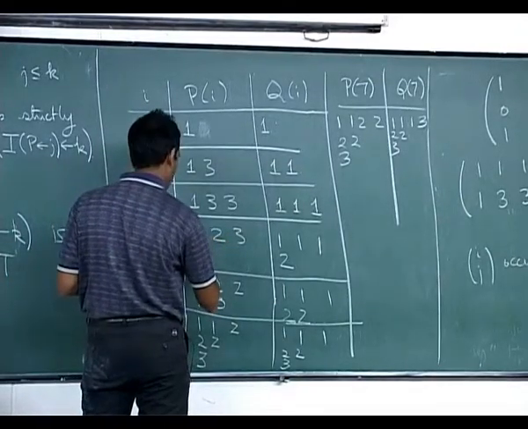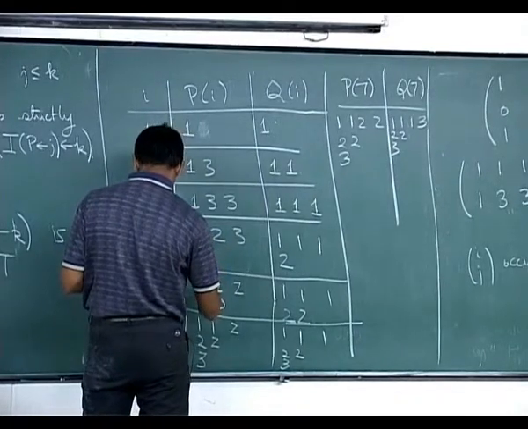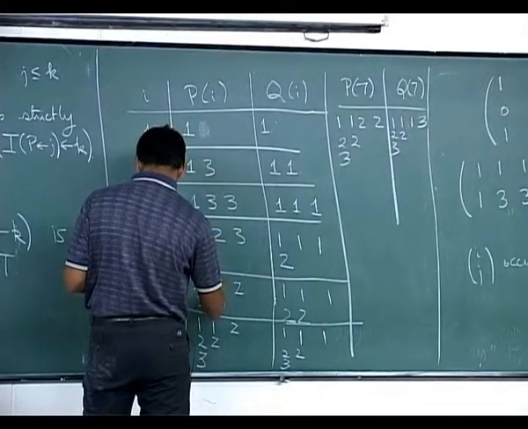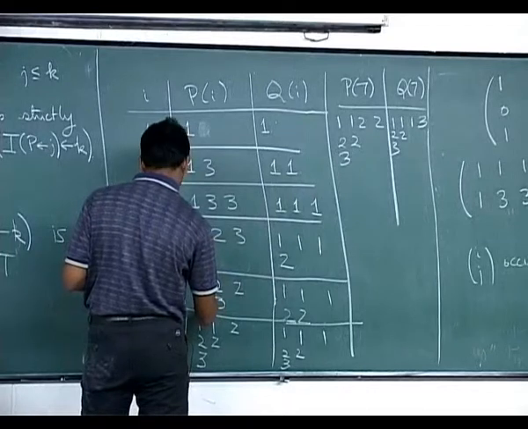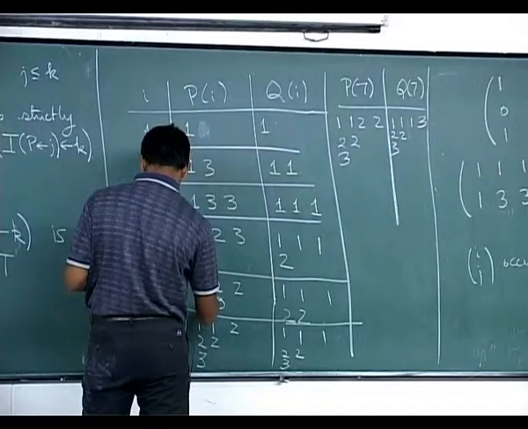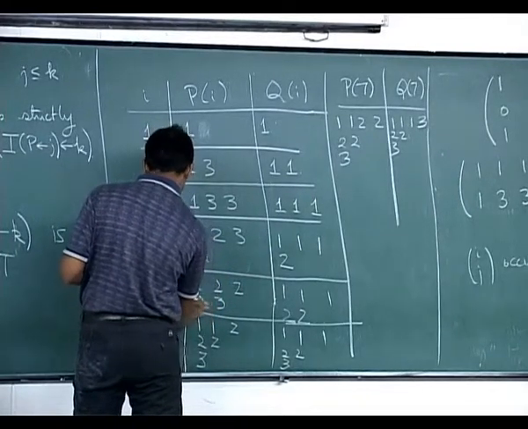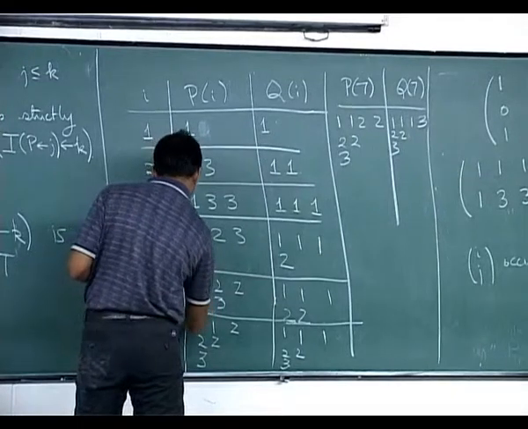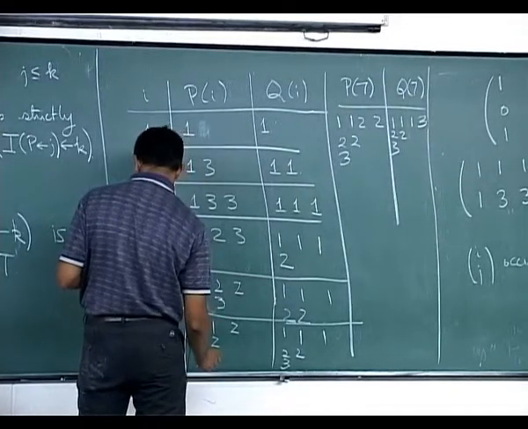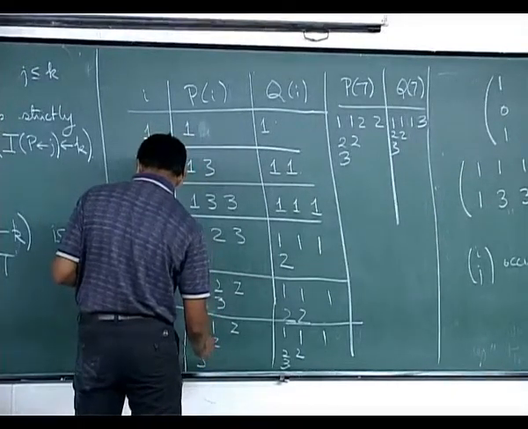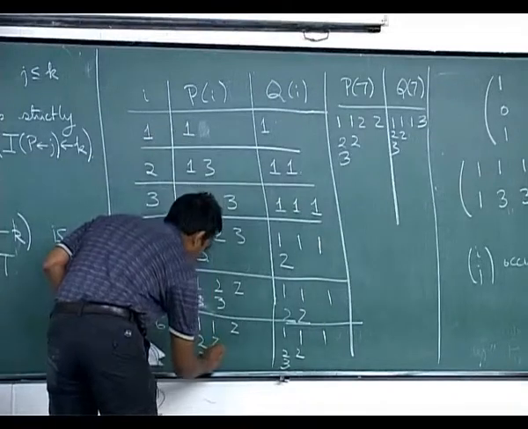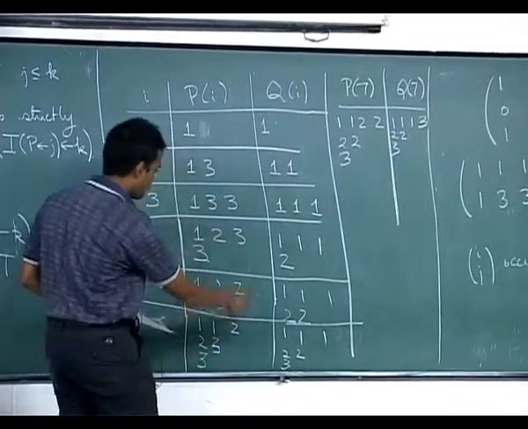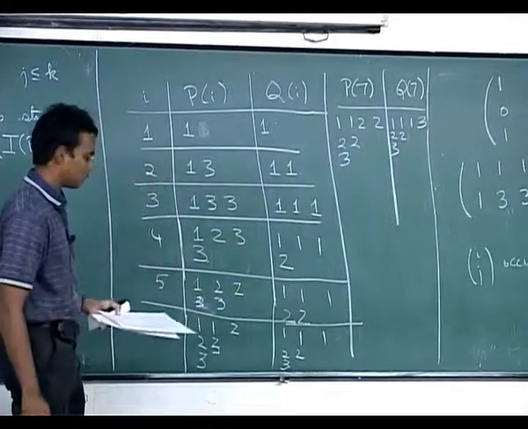1, 2, 3, 3, 1, 2, 2, 2, 3. This is 3, 3. This is 2, 3, 3. But I think that side is okay.